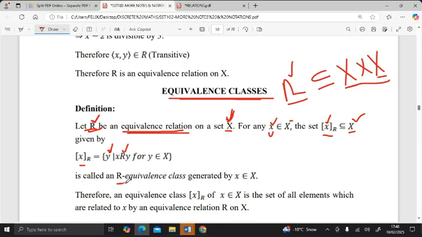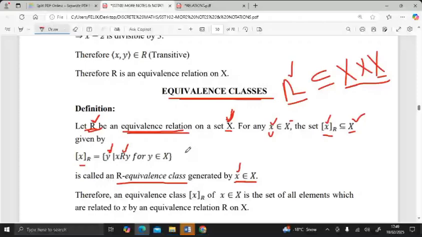Remember, this R is an equivalence relation. It means it is reflexive, symmetric, and transitive. And the members of the class are those members of X that R relates X to. It's important you digest that.